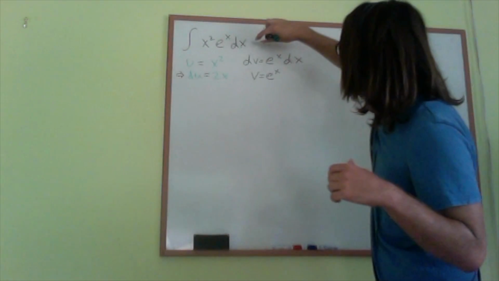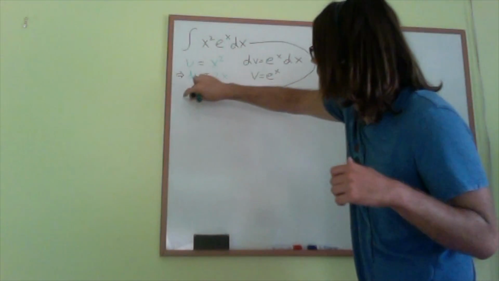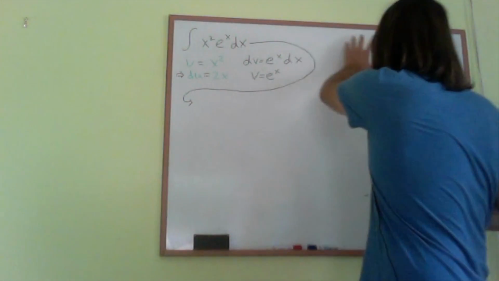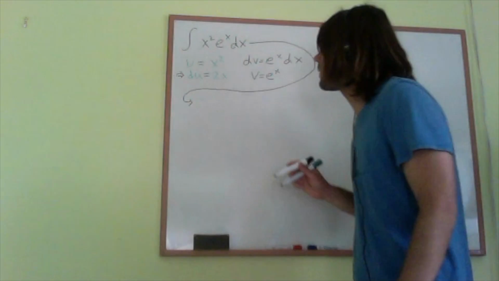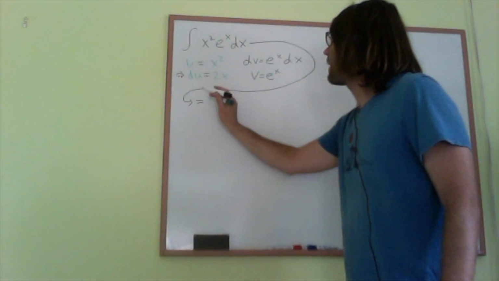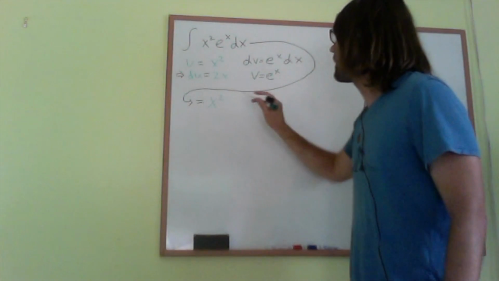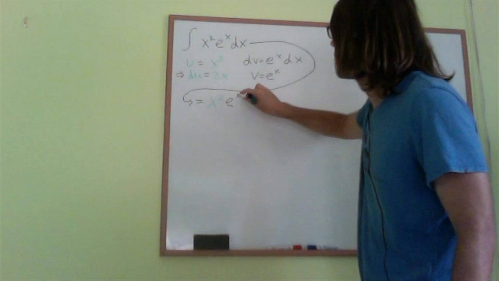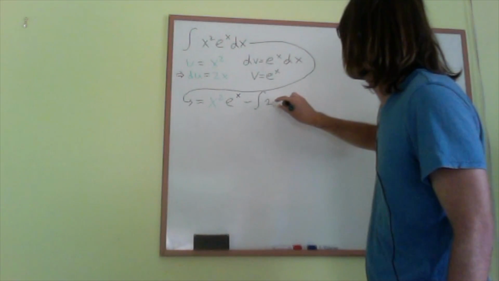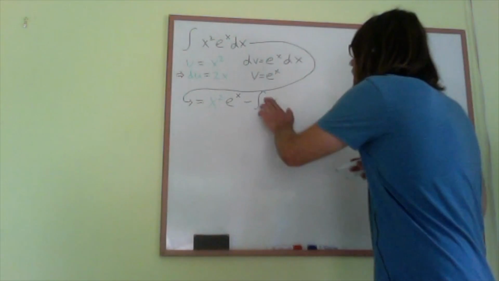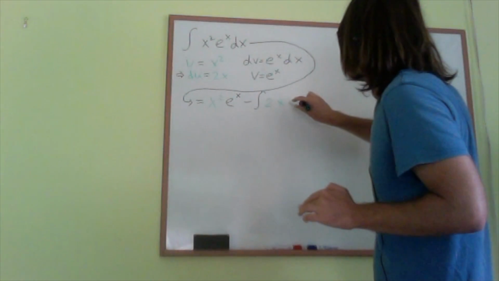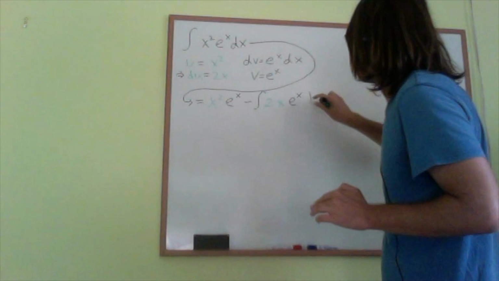So let's go ahead and do this. I'm going to put it over here because we're going to need the space here for the second integration by parts. So this becomes uv, so that's x squared e to the x, minus the integral of 2x e to the x dx.